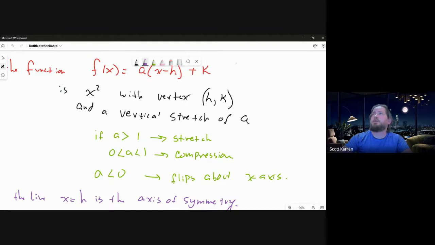Oh, it disappeared on me. Okay, that's not helpful. Okay, where is it? There we go. All right, let's graph.